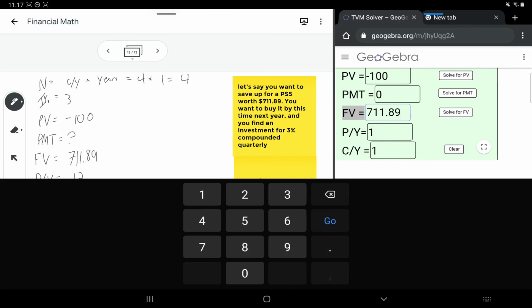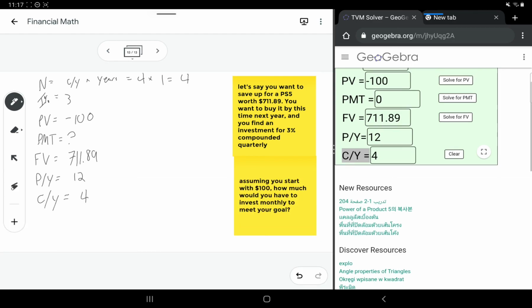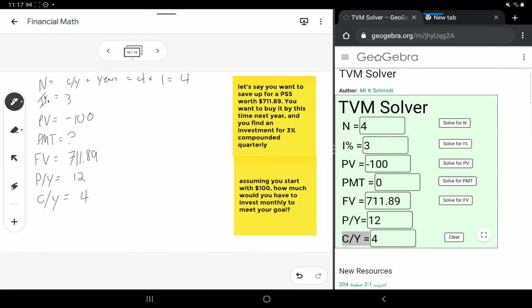Payments per year, we're making 12 payments per year. Compounding periods per year, we're making 4 compounding periods per year. Okay, so we hit this button, we should figure out what our payments need to be every month. So $152.15.